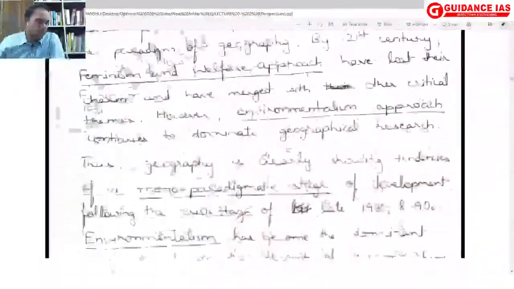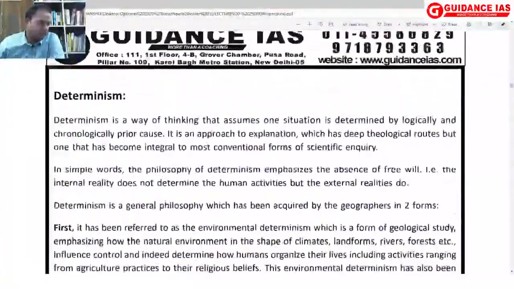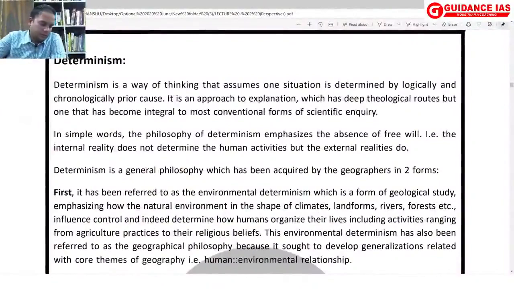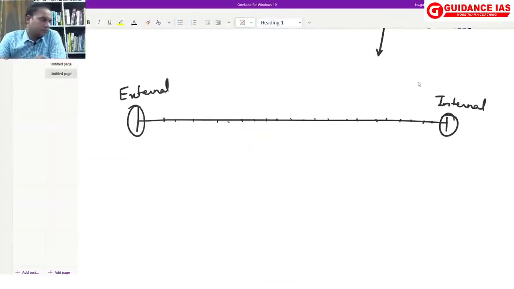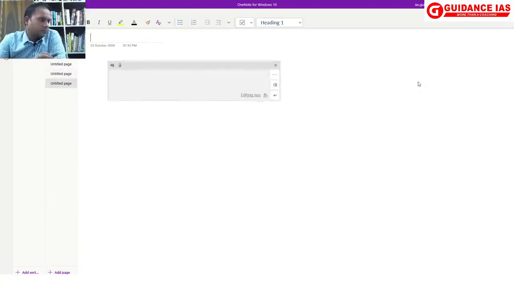Okay, so we were talking about dichotomy and dualism in geography. I hope I was able to explain what dichotomy and dualism are. The basic idea you must have got.